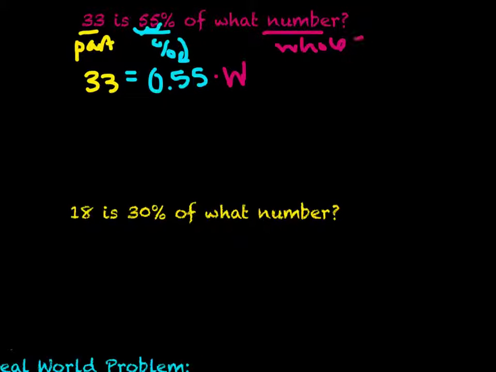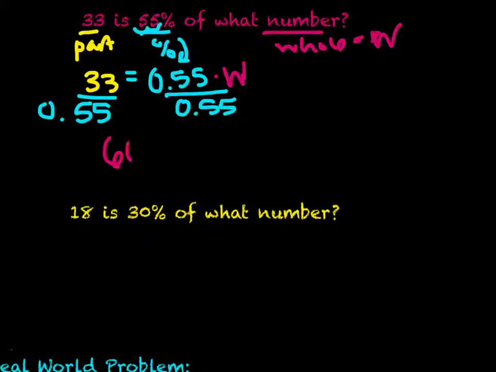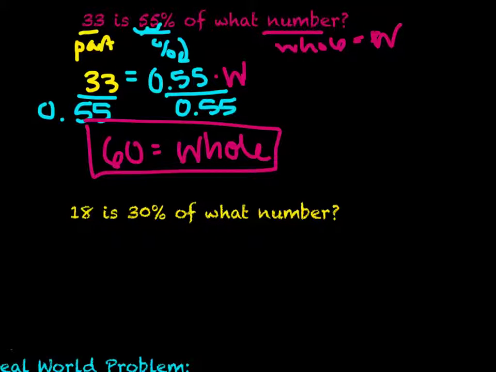I'll just write a W for that one. Now we're going to divide by 0.55 on both sides. So 33 divided by 0.55 is equal to 60, which is our whole number. So we can also say 33 is 55% of 60.